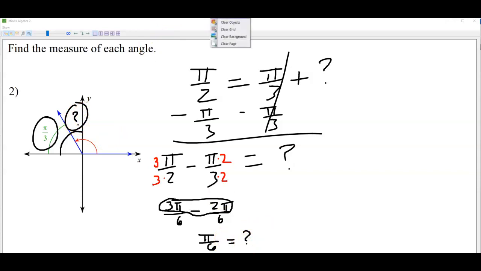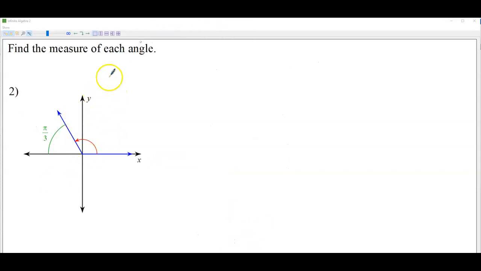Okay, so let me get rid of all that. So the first step that we need to do is we need to find the missing piece. Okay, we had pi over 3 here. I don't know what this is, but I do know that if you add these together, you get pi over 2. So I set that up and I solved for my missing piece, and I got pi over 6. So let's go ahead and fill that in there first.